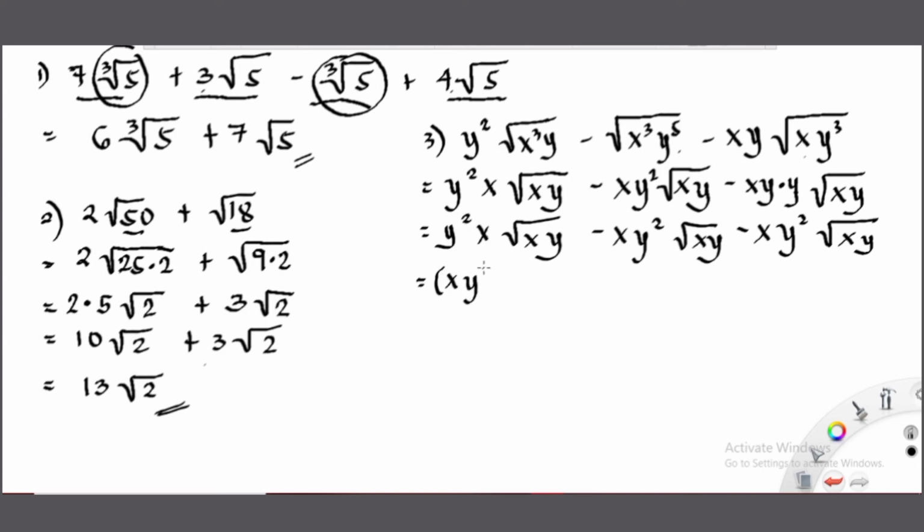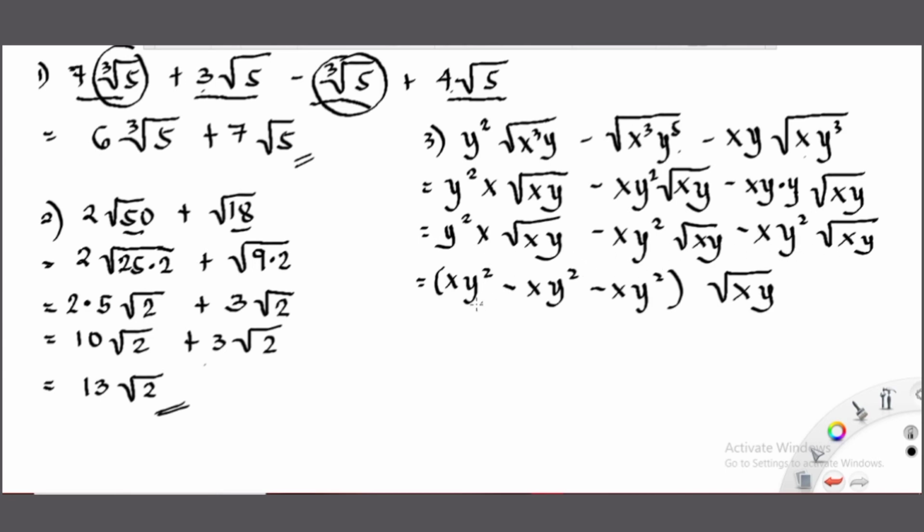Okay? xy squared. And then, yung second is this one. We will take the operation minus xy squared. And yung third natin is this one. The operation is minus xy squared. And then, we will just copy square root of xy because that is what's common to them.